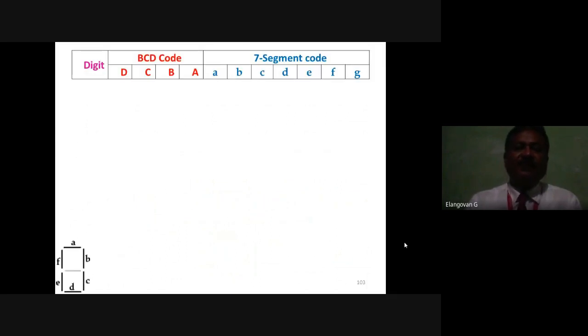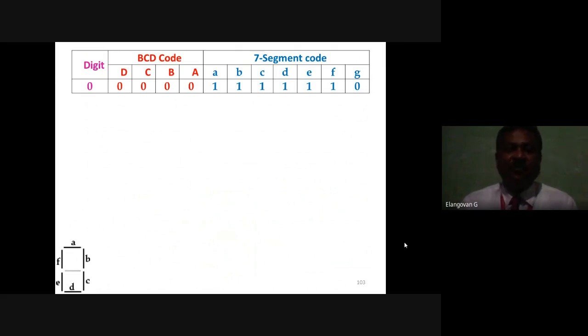Here we consider the 4-bit BCD input, because BCD numbers are represented using a 4-bit binary combination for 0 to 9, and the remaining 6 are don't care conditions. The 7 segment code has the 7 segments A, B, C, D, E, F and G.